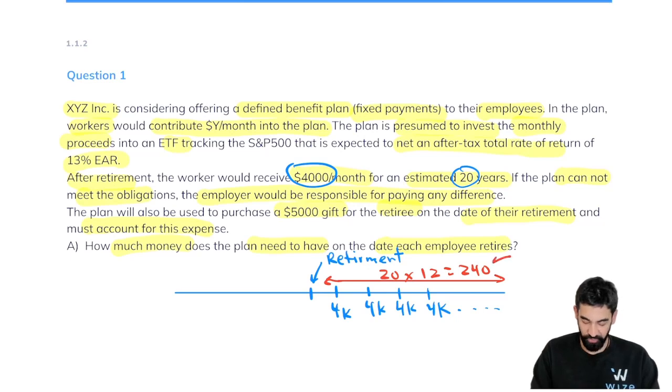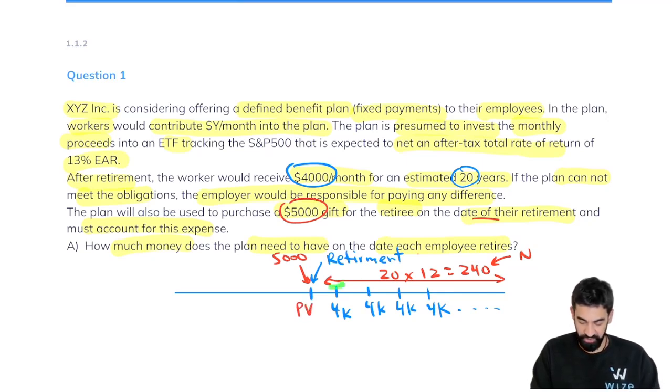That's basically like your N. And also, they want to get a $5,000 gift on the date of their retirement. So on this exact date, they're also going to give them an additional $5,000 as a gift. And if we want to find how much does the plan need to have on the date each employee retires, that means we need to find the present value right here.